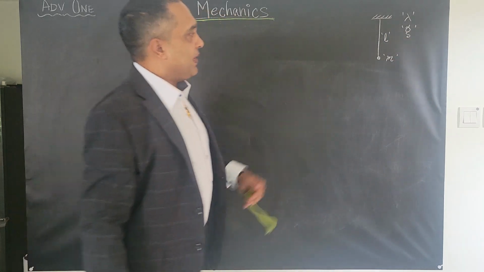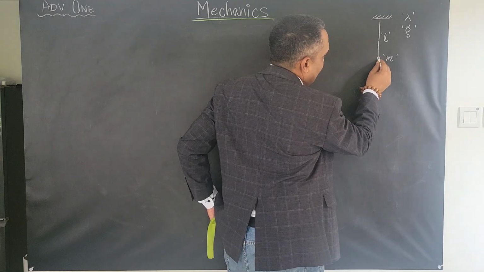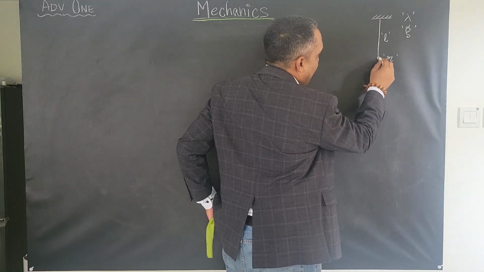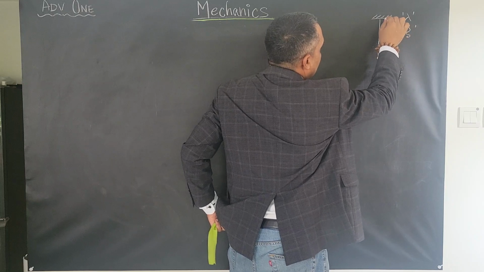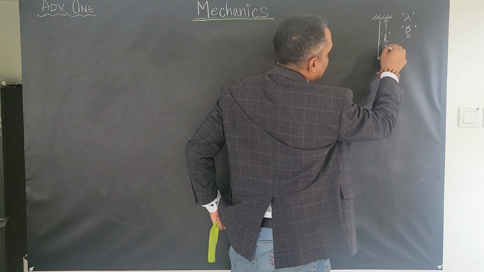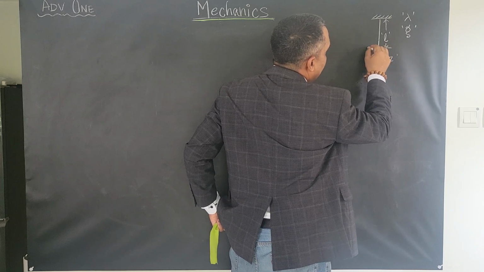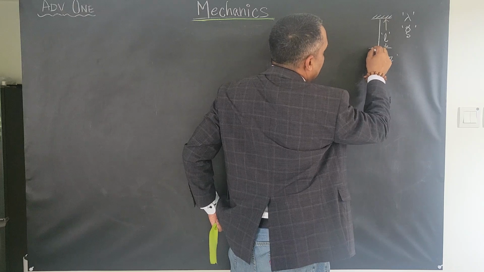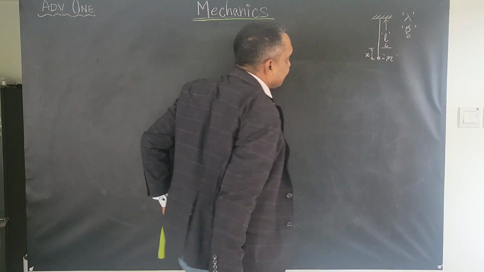So what's happening here is a natural force exists that's going to pull this. So as soon as I have M attached, what I will see is this is L, and because of M, there is an extension of x, right?